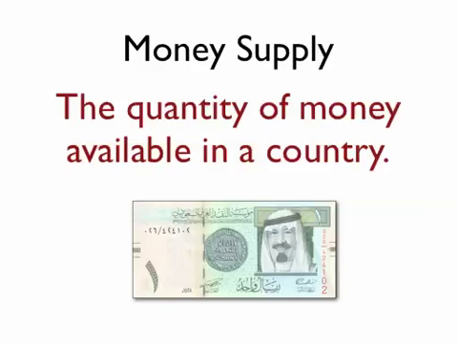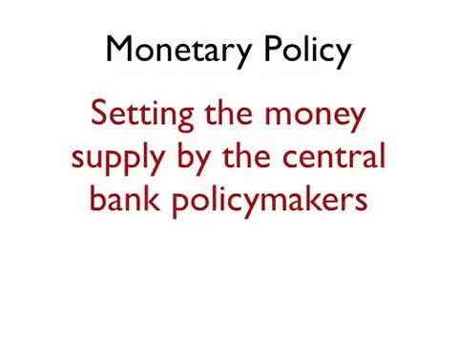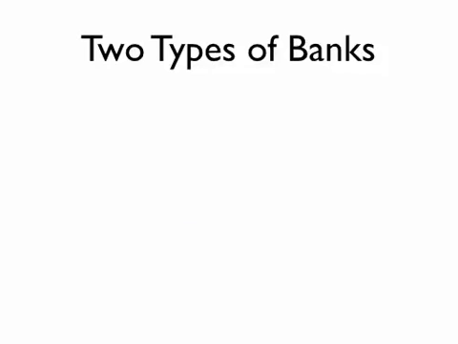The money supply is simply the quantity of money available in a country. Monetary policy is really about setting the money supply by the central bank policymakers. So when we talk about money supply policy, we're talking about how the central bank manages the supply of money in a country.